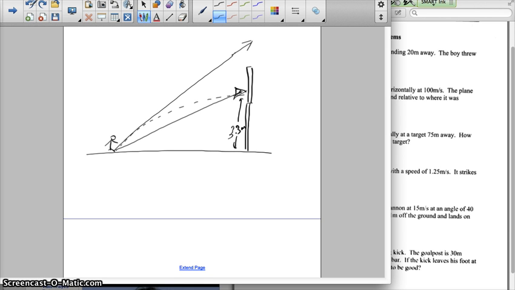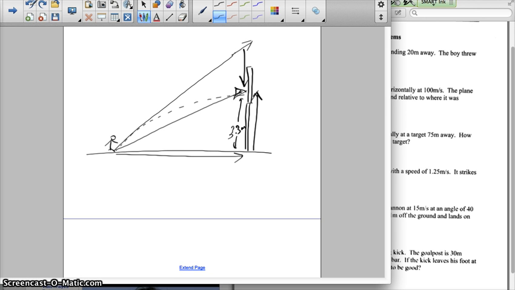All right. So we don't know our initial velocity, I'm guessing. We know our horizontal displacement. We know our minimum possible vertical displacement. So I'm going to find the minimum speed necessary to make this happen.